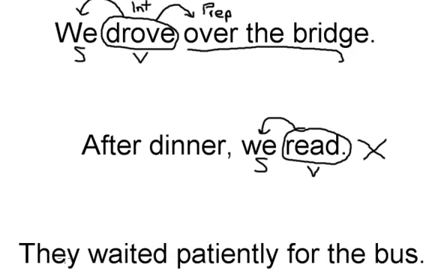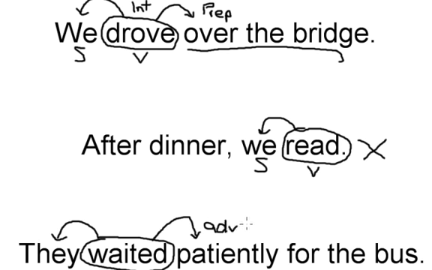And finally at the bottom, they waited patiently for the bus. We have this verb, waited. Who did the waiting? They did the waiting. Now waited what or waited who? That sounds like a goofy question to ask, but it doesn't answer that question. We know that this verb is immediately followed by this adverb, telling us how they waited.